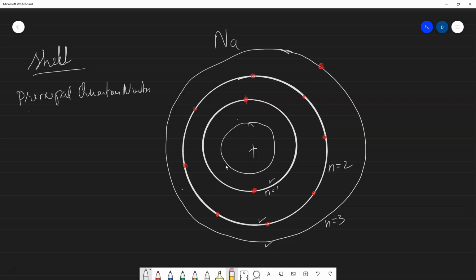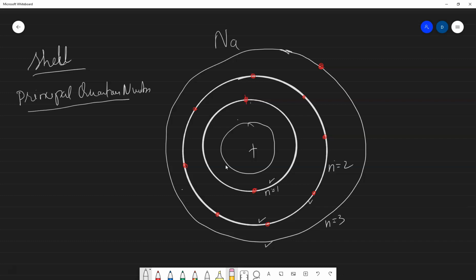So both mean the same, principal quantum number or shell. So now you know that for sodium there are 3 shells, shell 1, shell 2, shell 3, and shell 1 has got 2 electrons, shell 2 has got 8 electrons, and shell 3 has got just 1 electron.